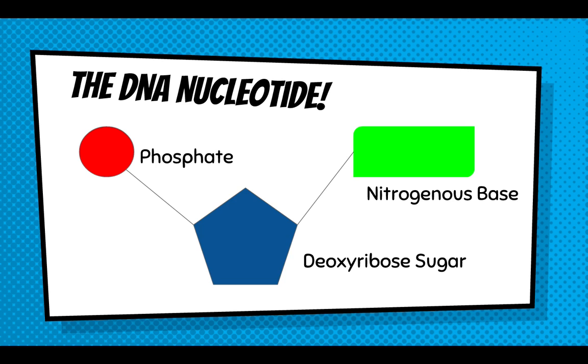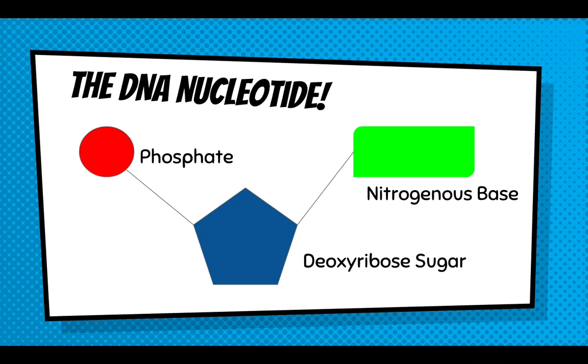DNA stands for deoxyribonucleic acid, so that should be an easy way for you to remember that it's deoxyribose. That basically means ribose sugar, which is a carb, because you know that from studying carbs, lipids, proteins, without an oxygen, okay? So deoxyribose sugar, nitrogen base, and phosphate make up the DNA nucleotide.